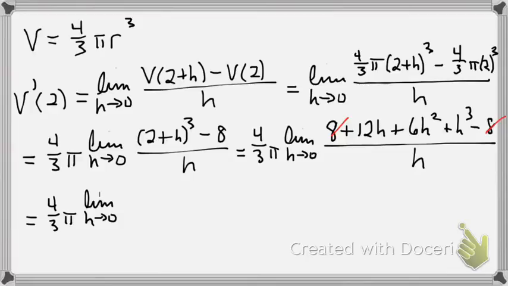limit as h approaches 0, and this is going to wind up being 12 plus 6h plus h squared. Are you guys with me on that? I reduced by that common denominator of h. Now can I use direct substitution?